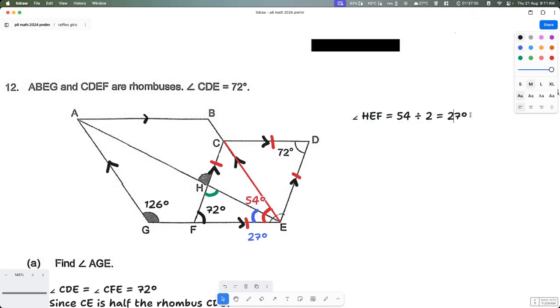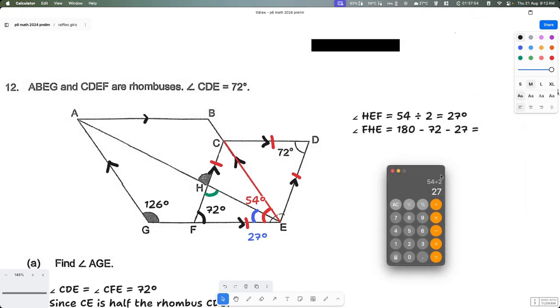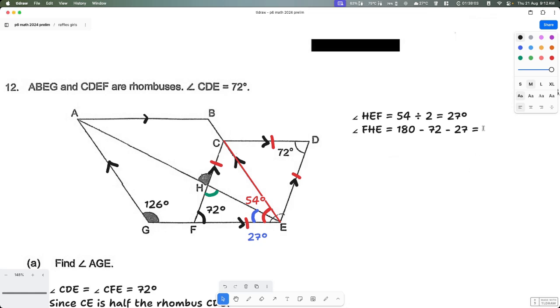Now angle FHE is equal to 180 minus 72 minus 27. Let's use the calculator. 180 minus 72 minus 27 gives us 81 degrees.